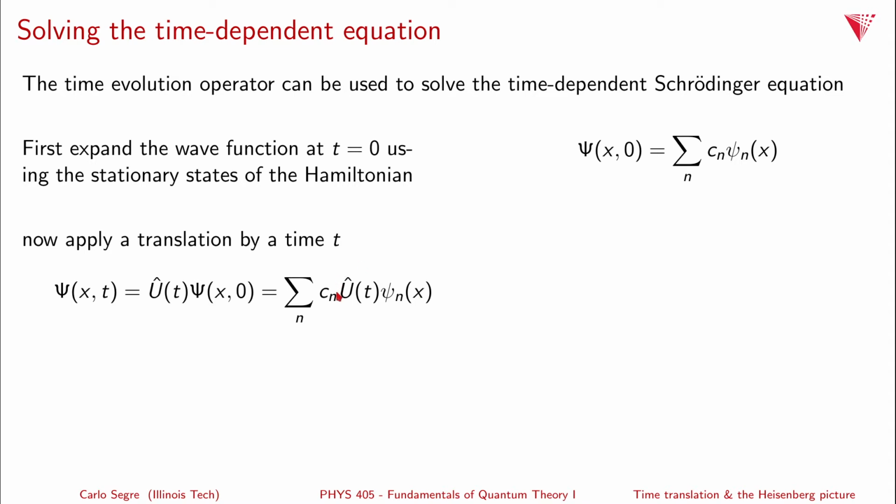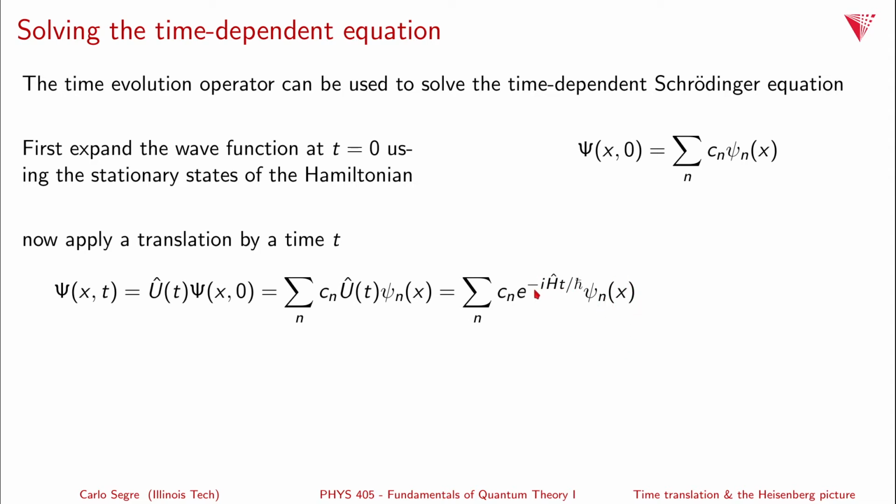But this can be replaced by its exponential form, which makes the sum over n, c sub n, e to the minus i H t over h bar applied to psi sub n of x. Now, this Hamiltonian has no time dependence.